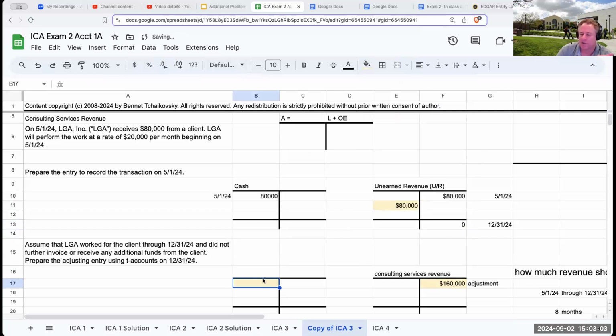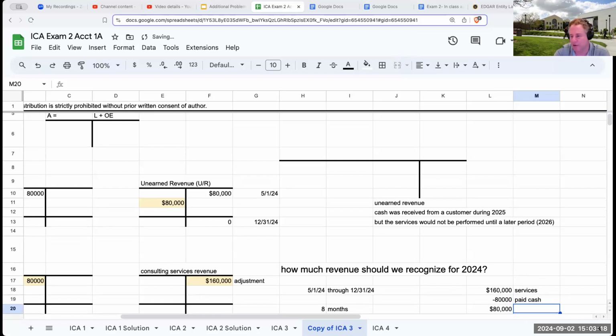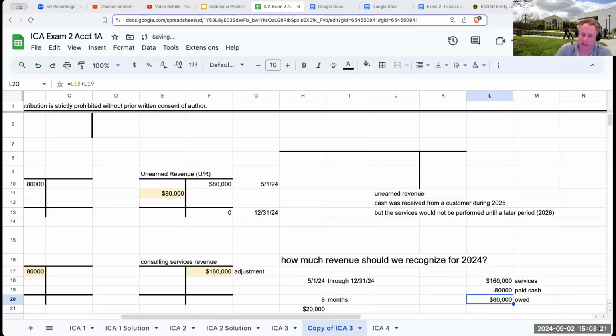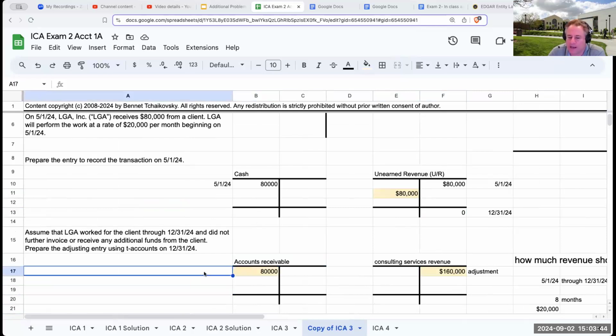I need another debit of $80,000. Now, for this one right over here, I performed 160,000 worth of services. I was paid cash of 80. I am owed the difference, or $80,000. So this is going to be a debit to accounts receivable. Okay. So if you're given a situation where the unearned revenue cannot fully cover the consulting services revenue, like in this case, we need to zero out this balance and then put the rest to accounts receivable.